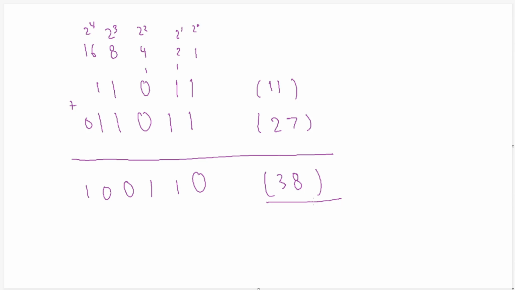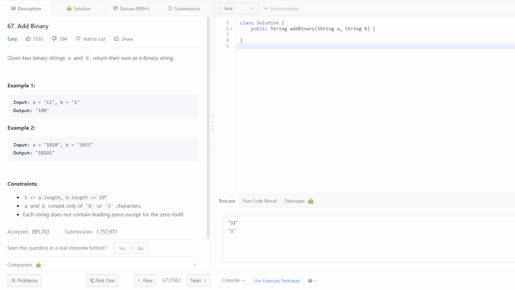So that's all good, but Java kind of makes this problem harder than I'm sure Python would make it. For one, we're going to have to go from the right side of the string, because the least significant digit is on the right, and the most significant digit is on the left.